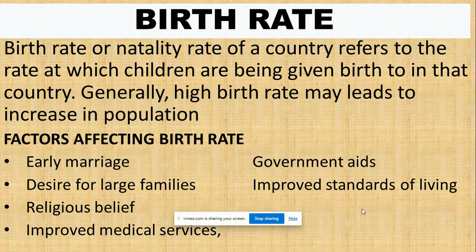It depends on what you have in mind. So desire for a large population can also increase the population of a particular country. Then religious beliefs. Religious belief is one of the factors that affect the birth rate. The improved medical services. Government policies, improved standard of living. So these are the factors that affect the birth rates.